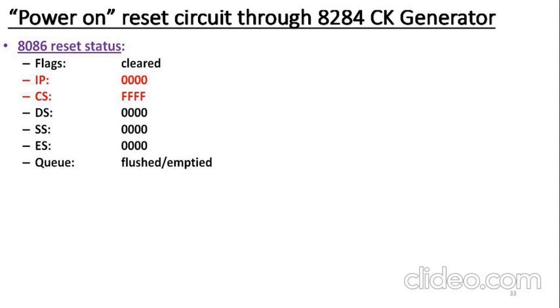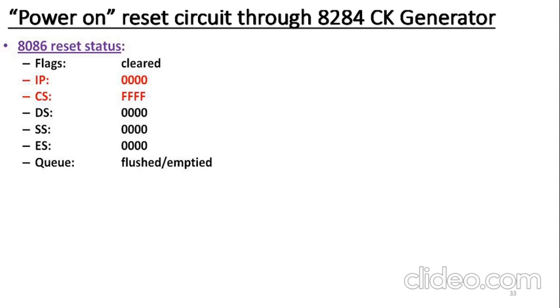So immediately after reset 8086 processor, all the flag bits will be cleared, means all the flags will be reset. Then instruction pointer will be cleared to 0, reset to 0. So 0000 hexadecimal.